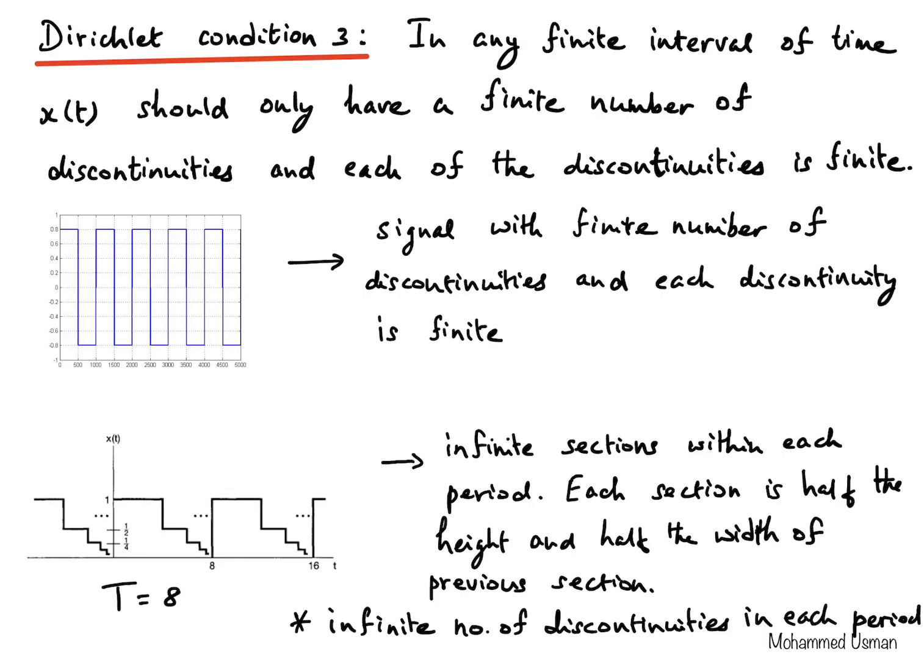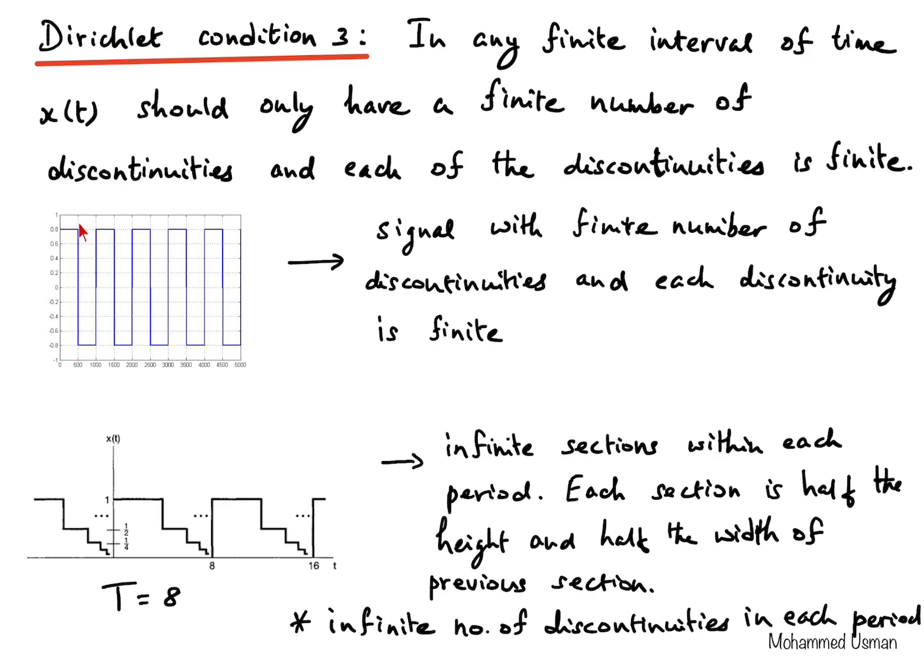The third condition that a signal must satisfy in order for its Fourier series to exist is that the signal should have a finite number of discontinuities in a finite interval of time. Now, the first thing you need to understand here is the meaning of a discontinuity. A discontinuity in a signal is basically a part of the signal where it has an abrupt, sharp change.